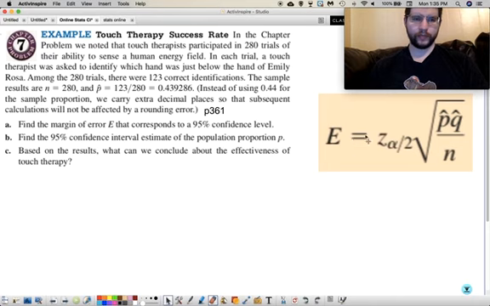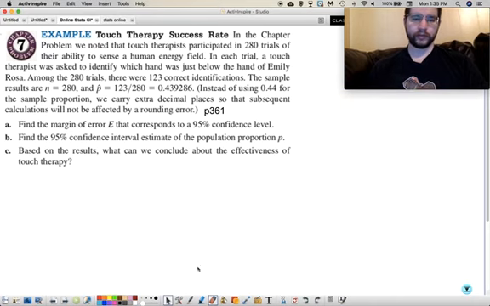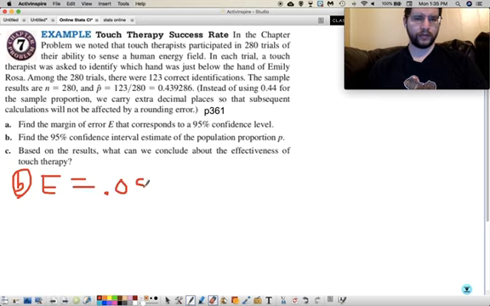So for part B, it says find the confidence interval. We found from part A that E was 0.05813. So we need to get the confidence interval.